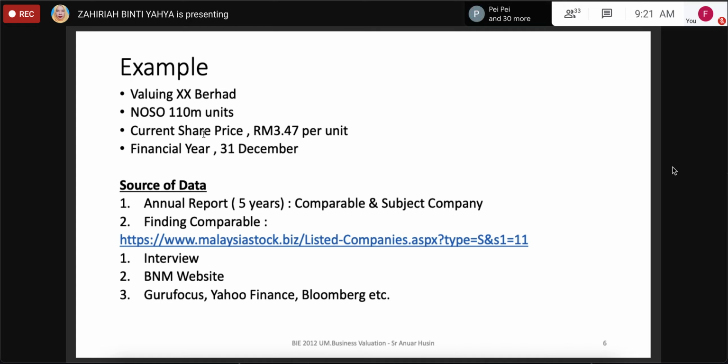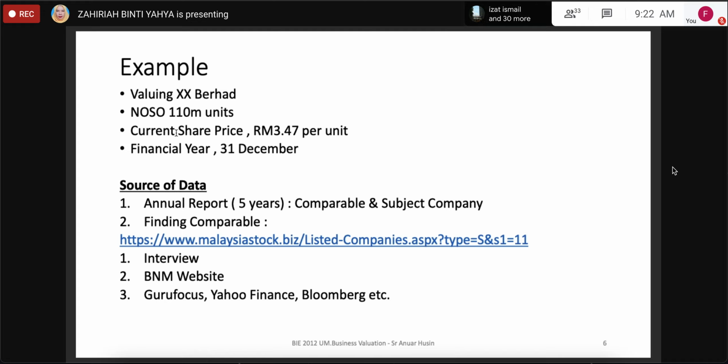Current share price is RM3.47 per unit. How to get the current share price? Based on the financial report? If current, let's say we want to value it now, 2020, and you have the financial report only ending 31st December 2015.